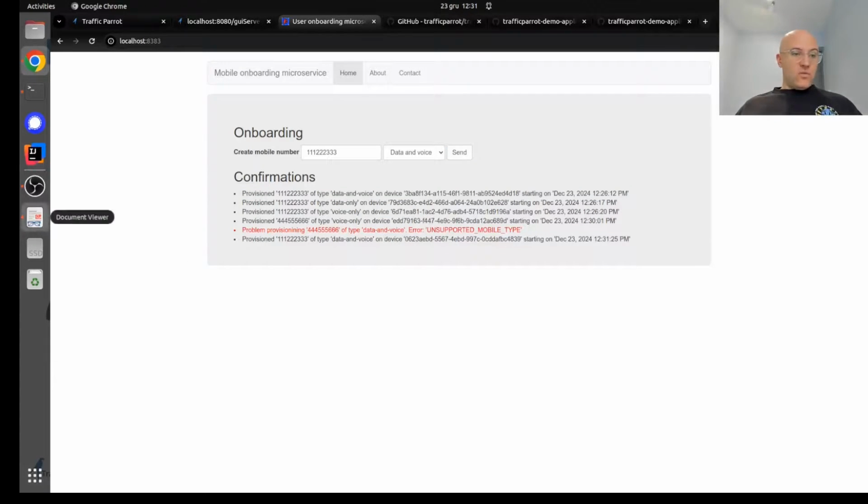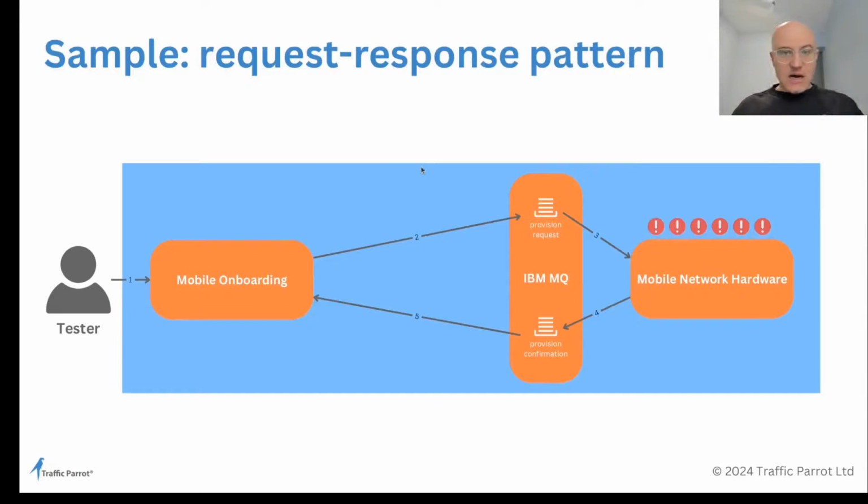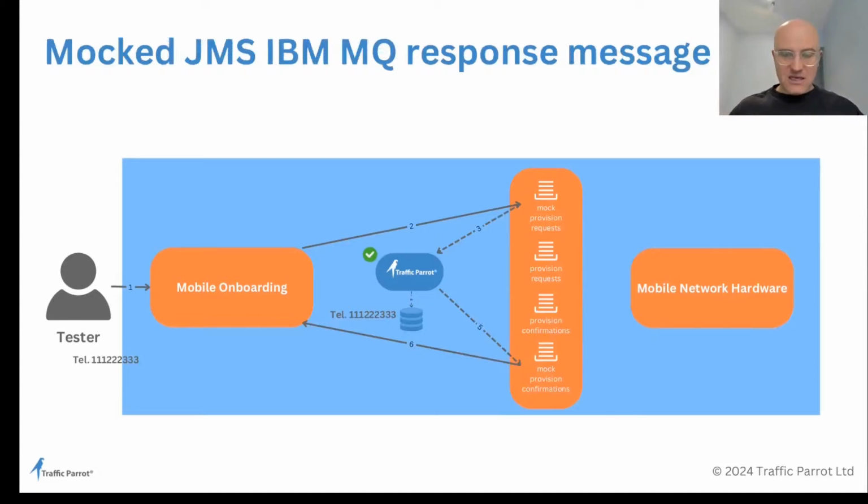So what did we just do? We've eliminated issues with the mobile network hardware backend by creating 2 additional queues, putting Traffic Parrot and mock to create mocks of those responses and mocking some of the responses. So we've got a CSV file where you can add more numbers. Actually, you can have as many as you like.